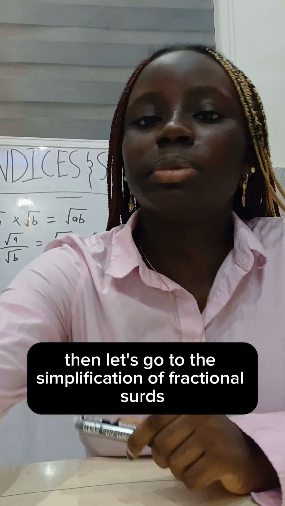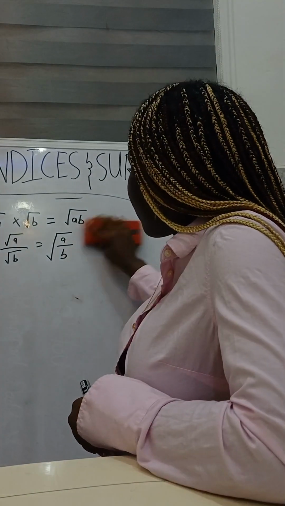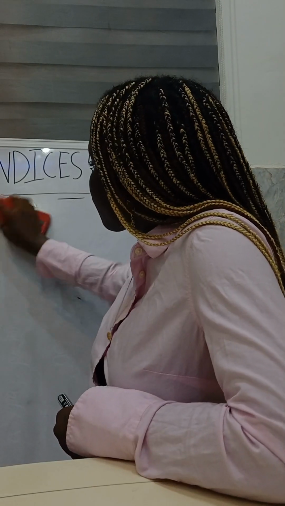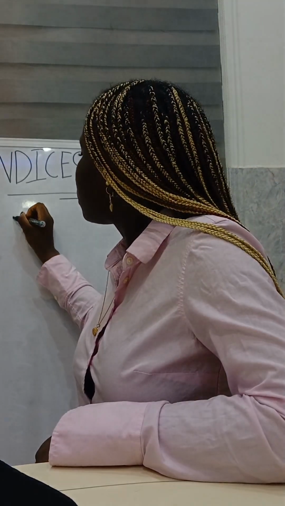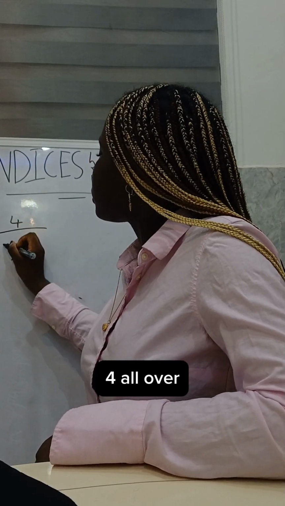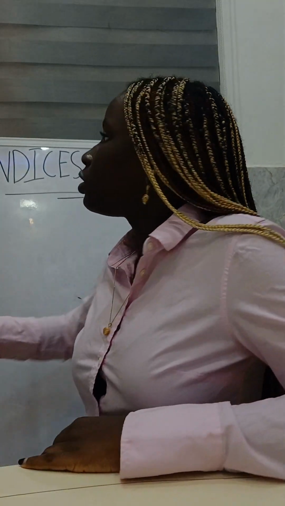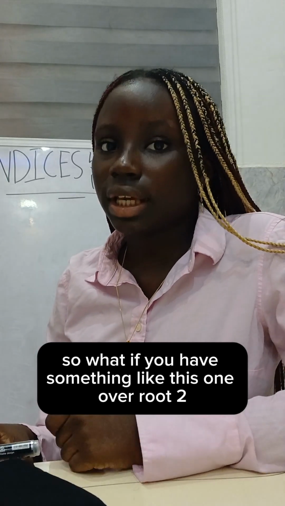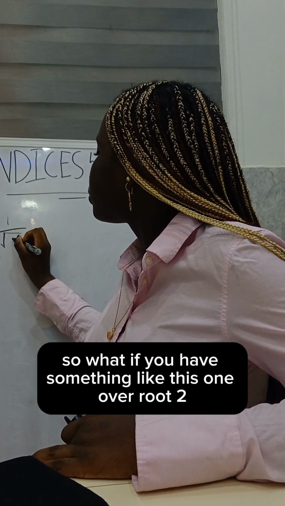That's how you simplify surds, roots like that. Okay, then let's go to the simplification of fractional surds. So what if you have something like this? 1 over root 2.